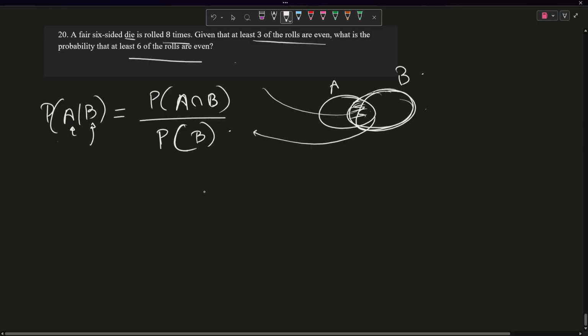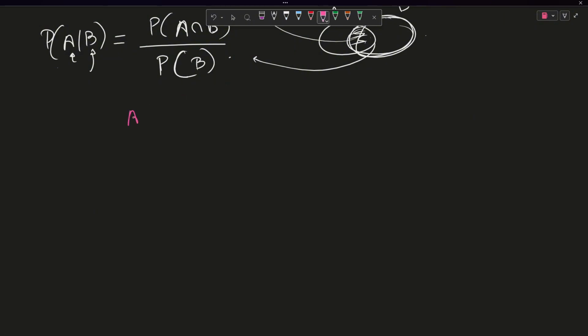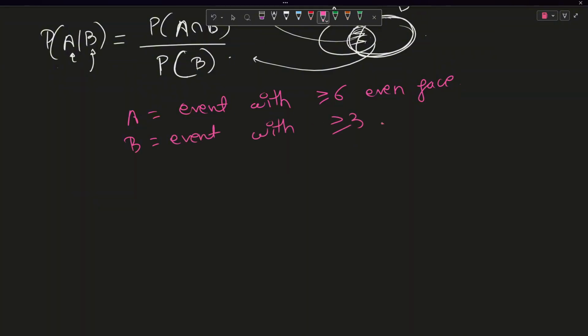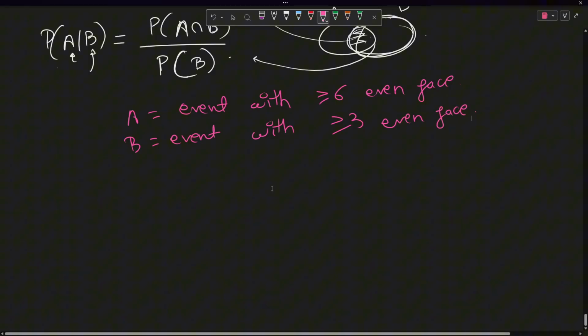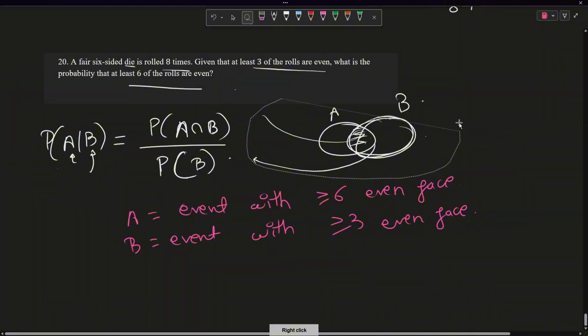Okay, so now let's write this. A is the event with greater than or equal to 6 evens, and B is the event with greater than or equal to 3 evens.